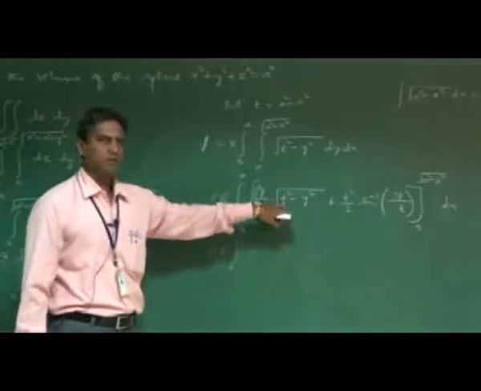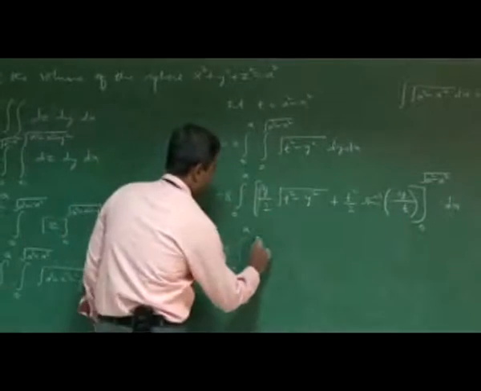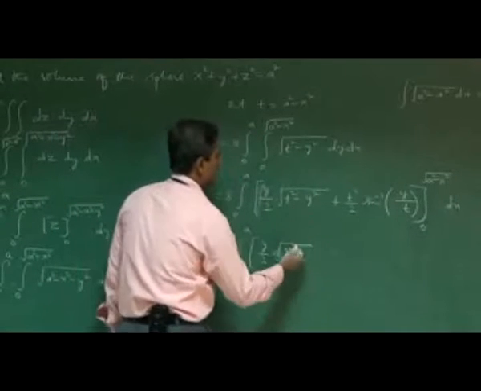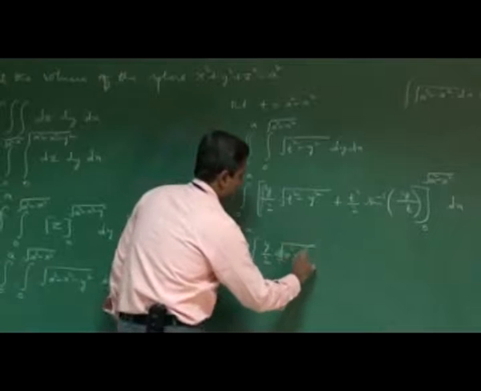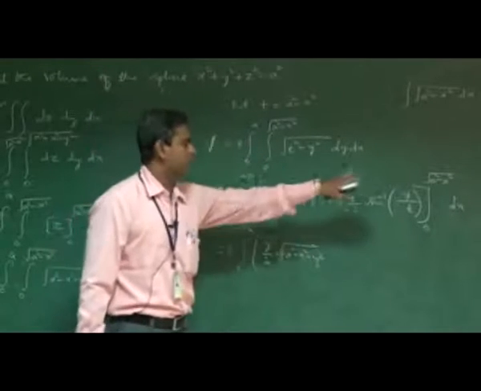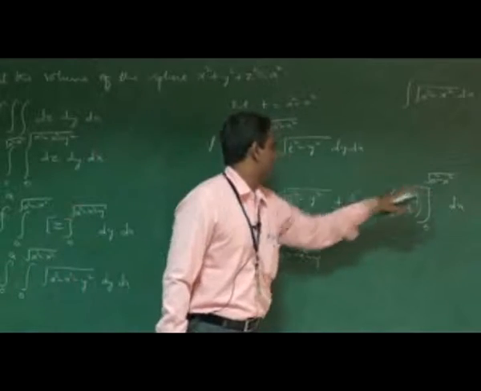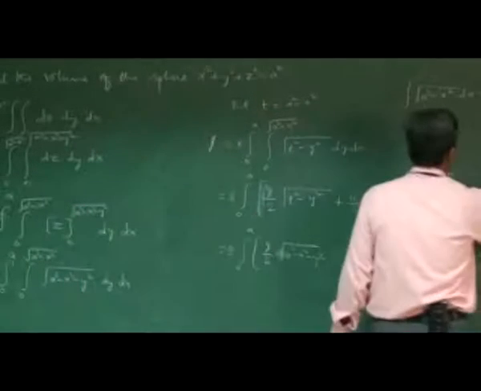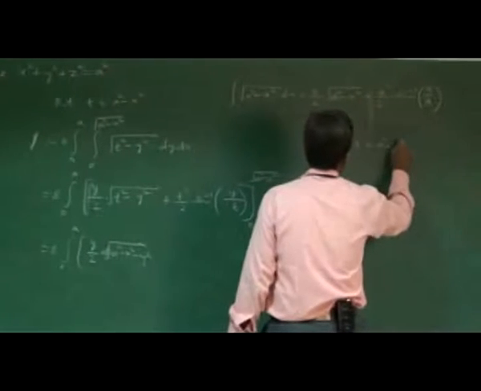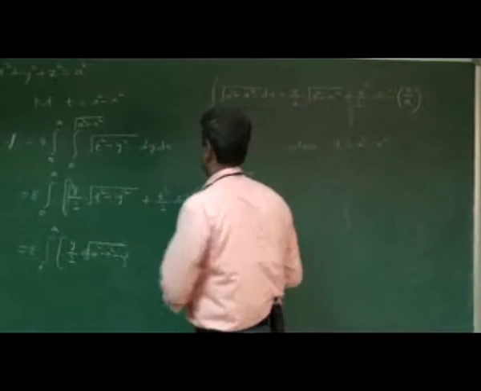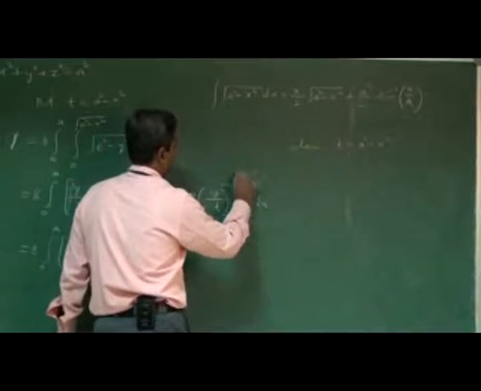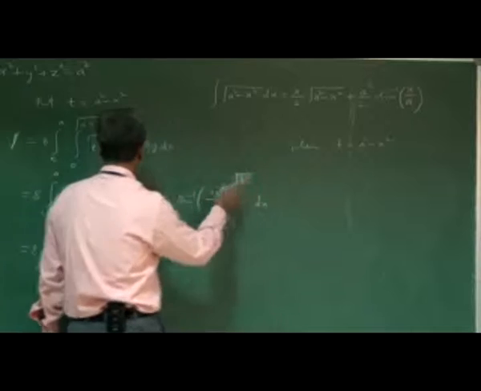Once again you substitute t for the given case. So we get y by 2 into the square root of t squared minus y squared, that is, a squared minus x squared minus y squared. No need to substitute here. If you change the variable in terms of t, we get the result, or otherwise we change the limit. When t squared equals a squared minus x squared, you substitute for the limit also.